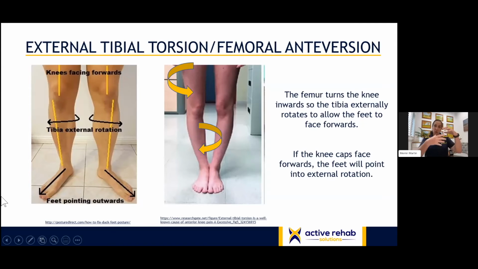So there's a twist through the middle of the knee joint where the tibia is rotated outways, or the femur is slightly internally rotated. You get this twisting action that happens over a long period of time. It can be through numerous different reasons, but people can present with feet turned out and knees staying straight ahead.